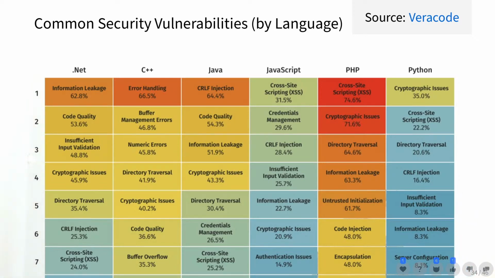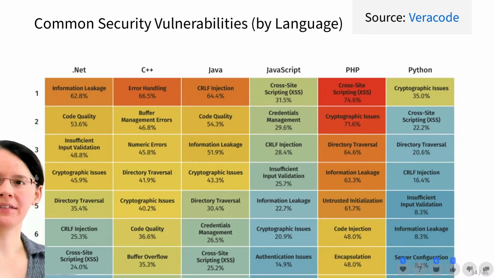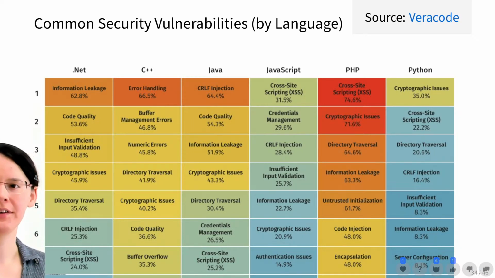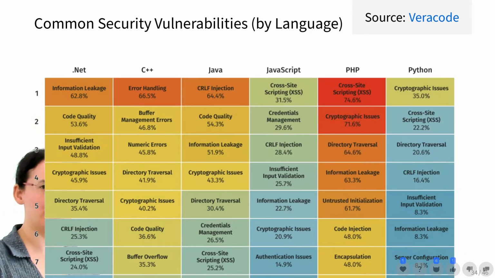So what I have here is a table that is provided by Veracode. If you're more interested in that and explanations, have a look at the link on top. So here, what they did at Veracode is they analyzed the most common vulnerabilities in implementations by different languages, not limited to crypto, but general IT security problems.